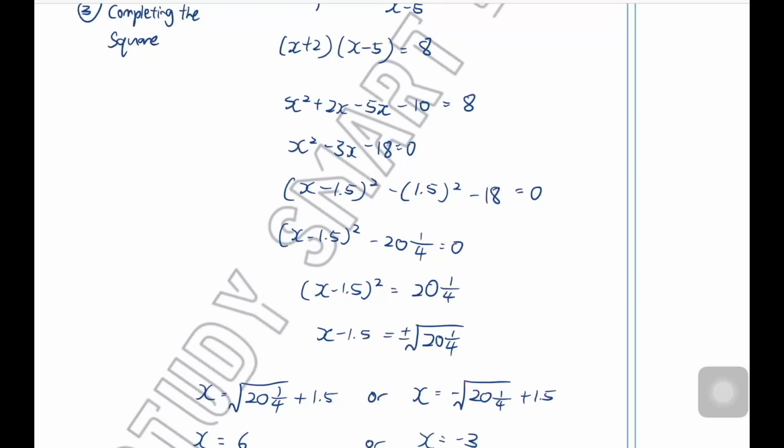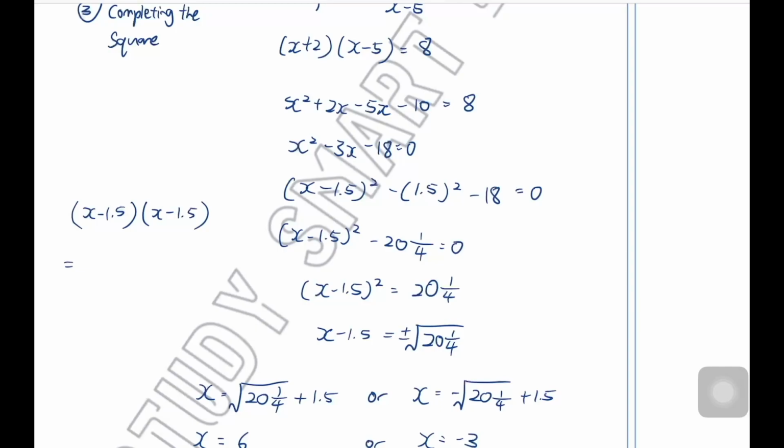The reason is because you have already expressed this quadratic equation in the complete the square form. If you were to expand this complete the square form, let's just expand it real quick over here. This is x minus 1.5 multiplied by x minus 1.5.